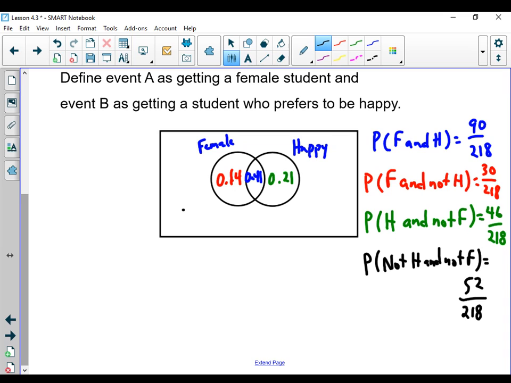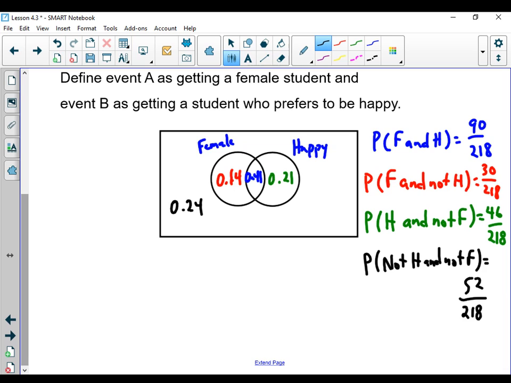And the last one, 52 out of 218 is 0.24. Now, if I used the exact values, all these should be my sample space, so they should add up to 1. And when I add them all up, I get a nice neat 1. That would be my Venn diagram.